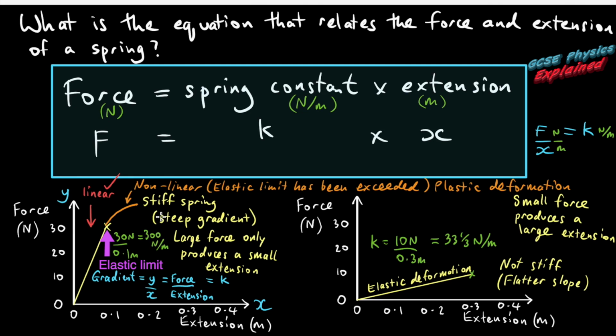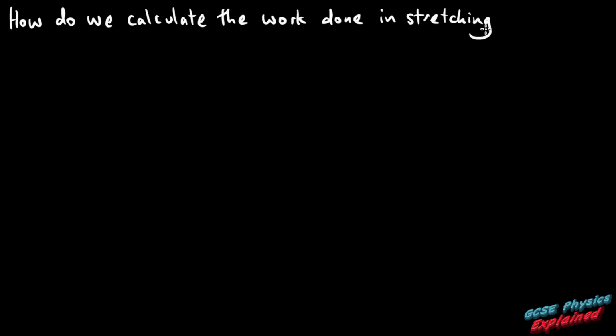Now the final thing I want to show you is how do I calculate the work done when we're stretching a spring. Right, so just say you've fixed a spring.